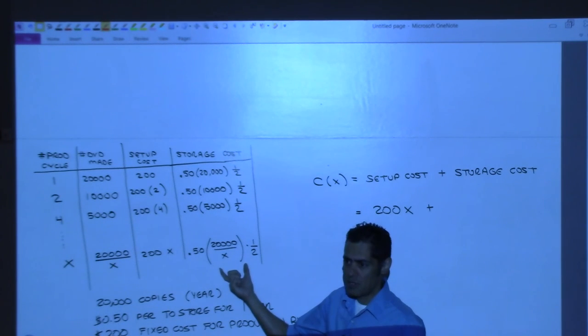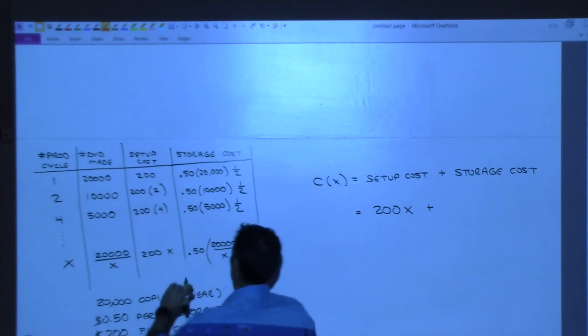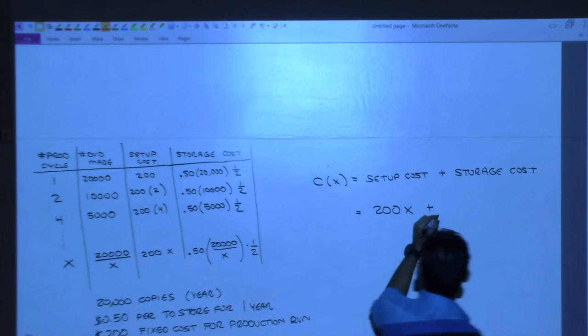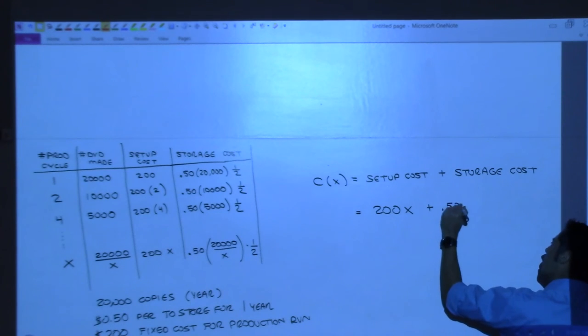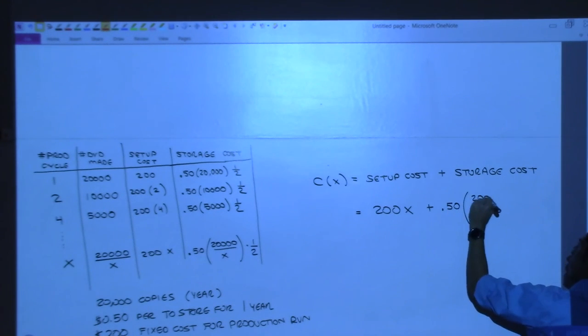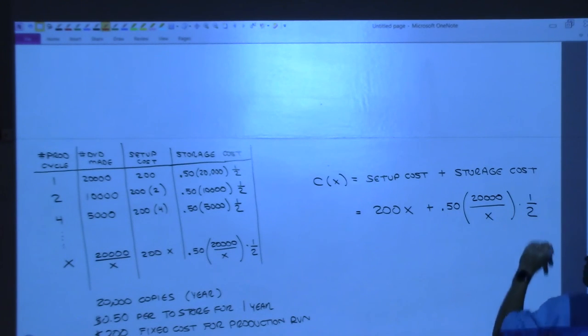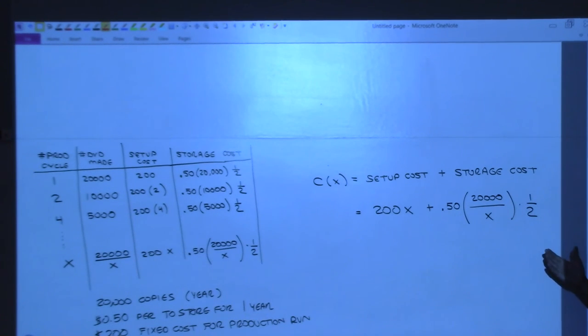Let's just do 0.50 times 20,000 over X times a half. Does everyone see that that is the function that represents the cost for us?